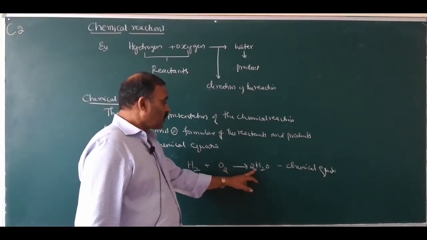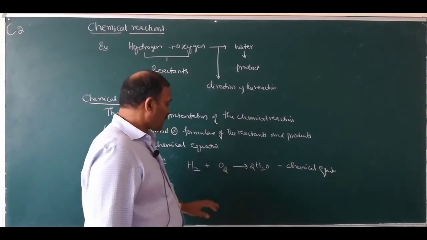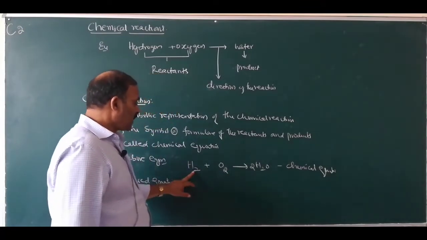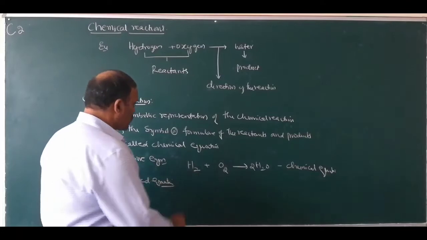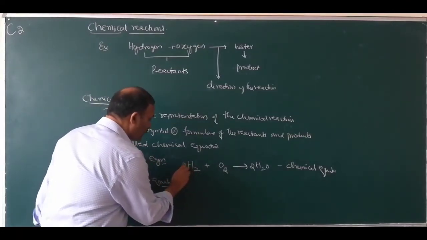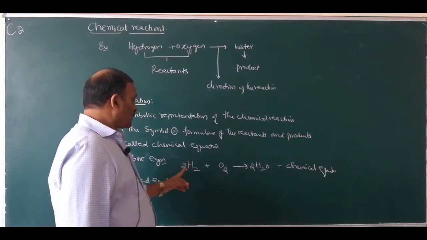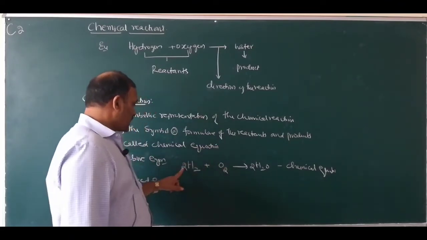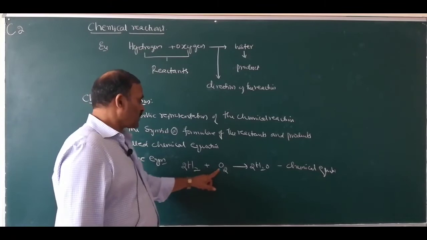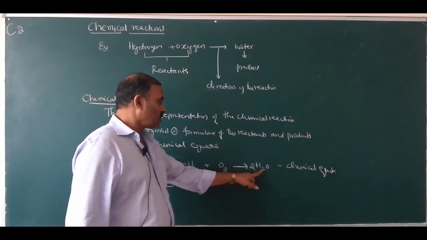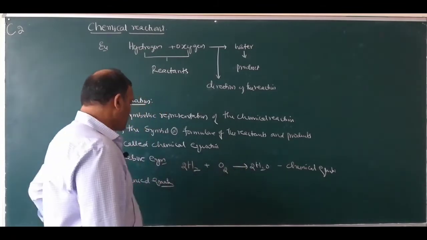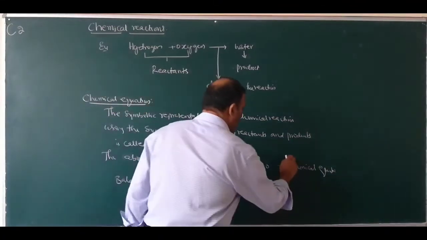Here 2 into 2, 4 hydrogen atoms. Here there are only 2, therefore it should be multiplied by 2 to get 4 hydrogen atoms. So now the equation is balanced: 2H2 plus O2 gives 2H2O. This is a balanced chemical equation.